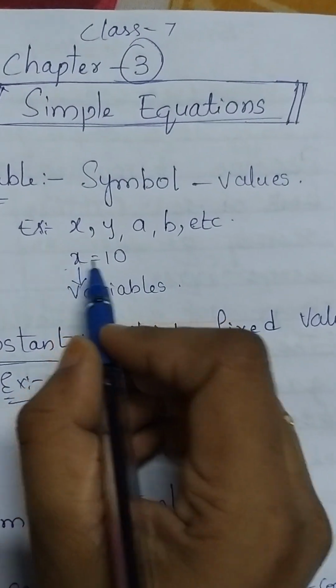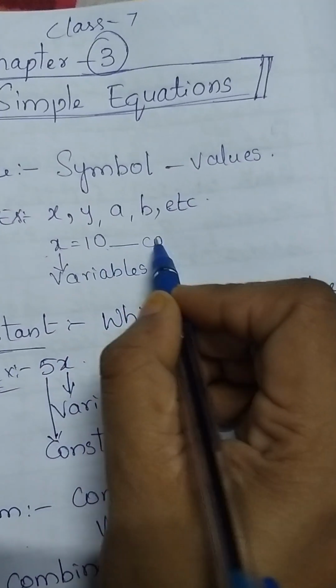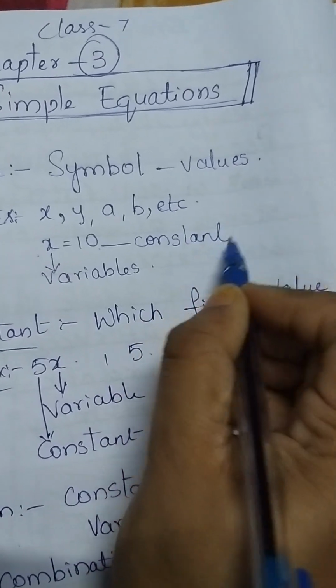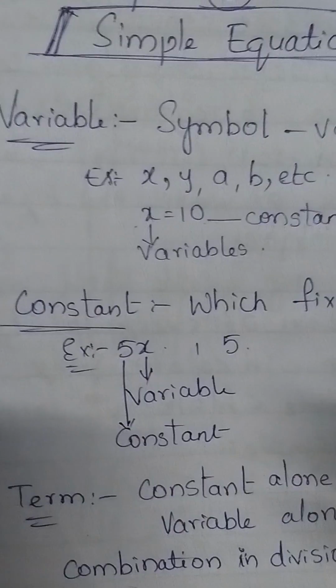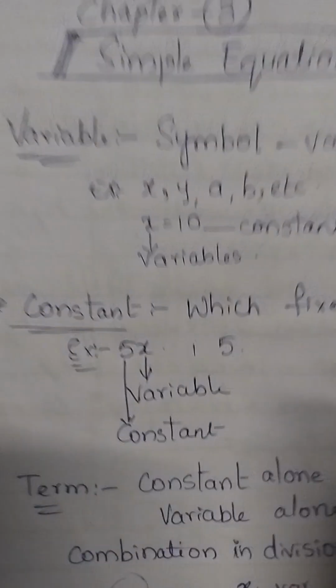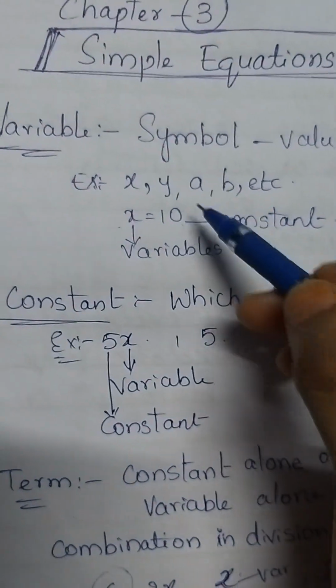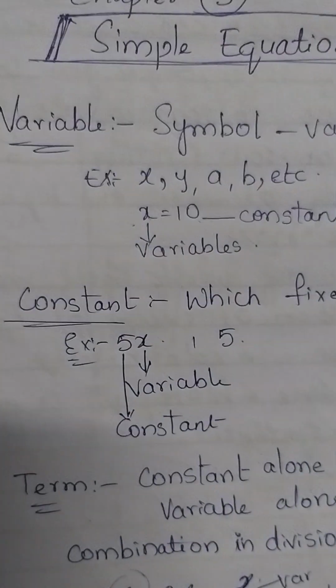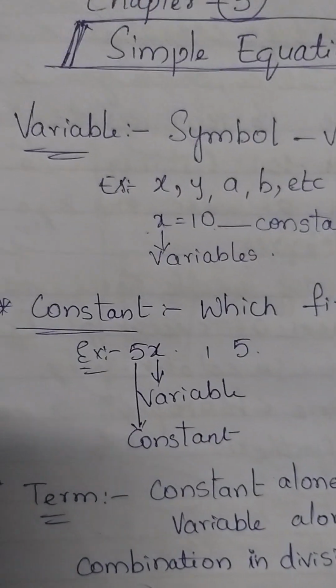This is called variable and this is called constant. Okay, children, like this we have to denote in many problems. We go through many problems in our daily life. We use variables and constant values.